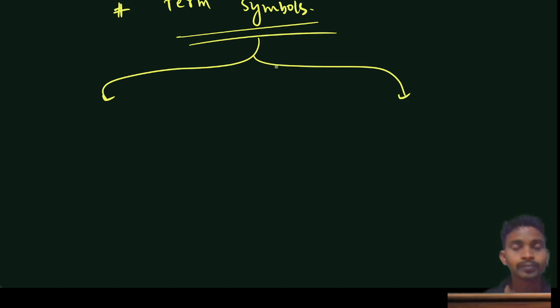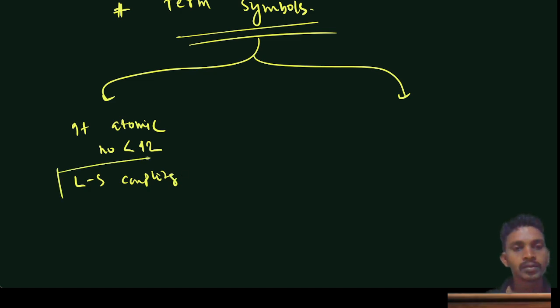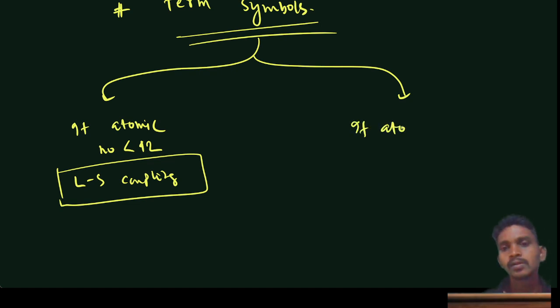If the atomic number is less than 42, then LS coupling will happen. And if the atomic number is greater than 42, then we do JJ coupling.